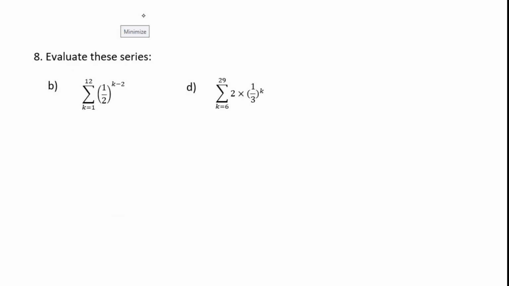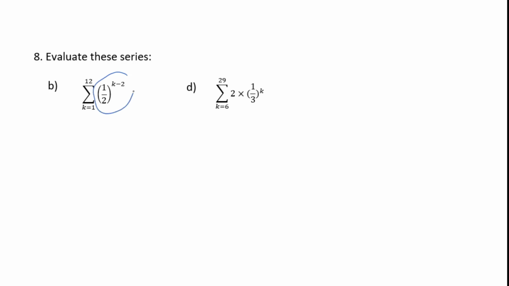Let's go to number 8. Evaluate this series. We can see both are in sigma notation. First of all, you need to decide what kind of series they are. Are they geometric series or arithmetic series? Because for different series, we use a different formula to figure them out.